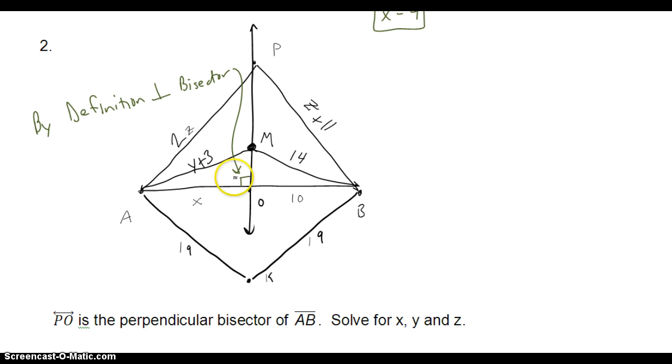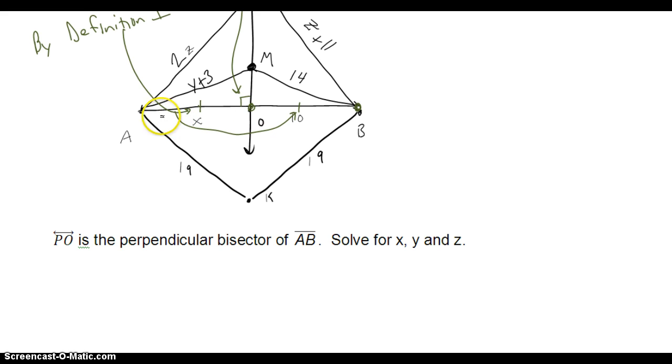I also know by definition that AB is being bisected. Well, since these two are the same length, I can set up my first equation. This length, x, has to equal this length, 10. So x has to equal 10. There. I've solved for x.